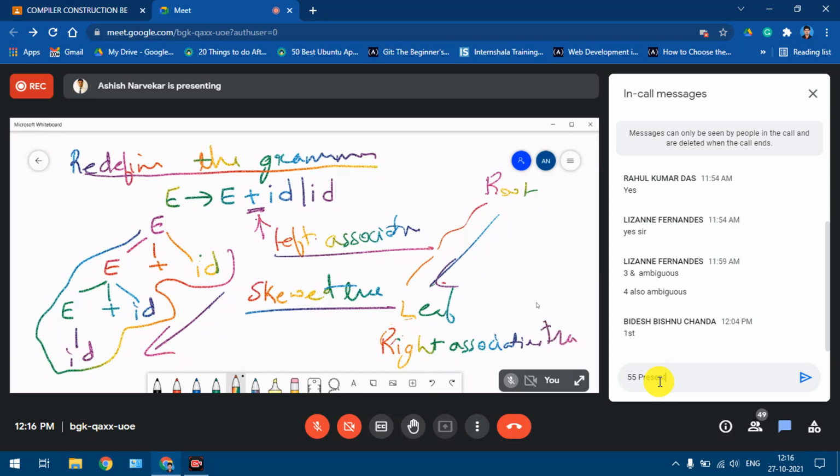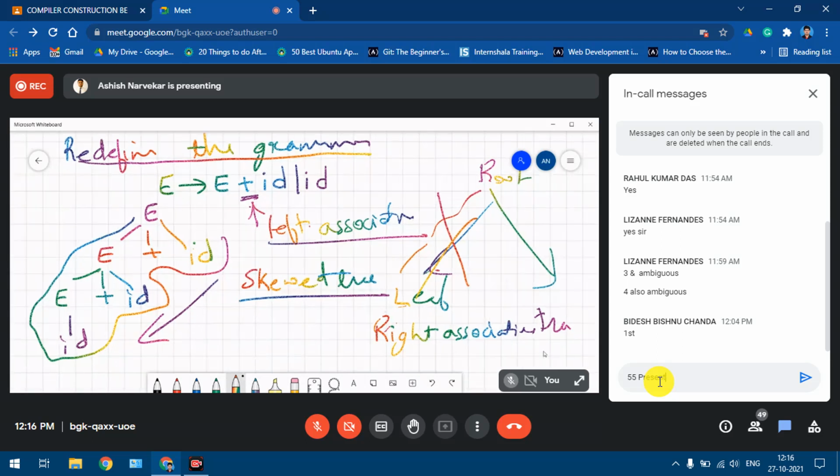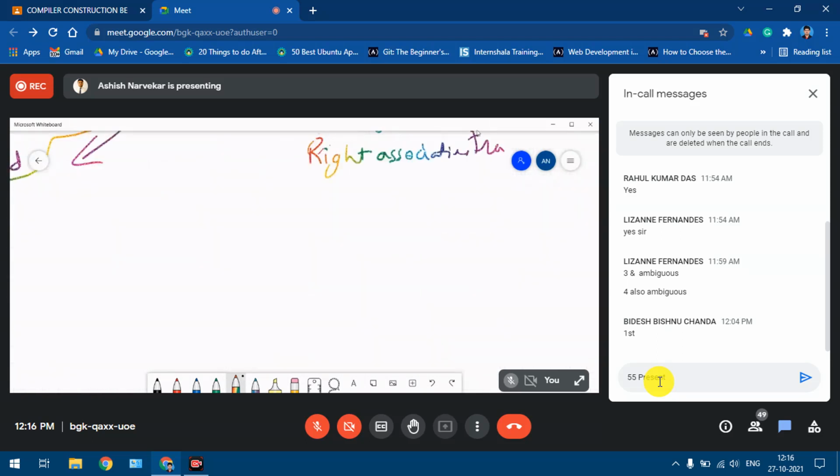Right associative tree means instead of growing in the left direction, it will grow in the right direction, and that's how it will be resolved.